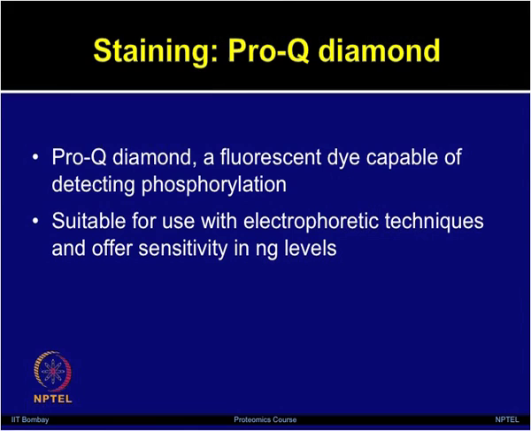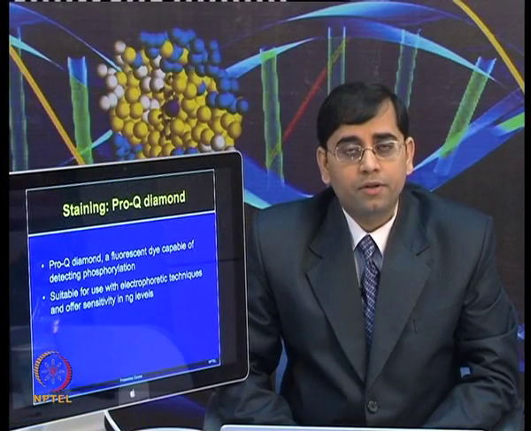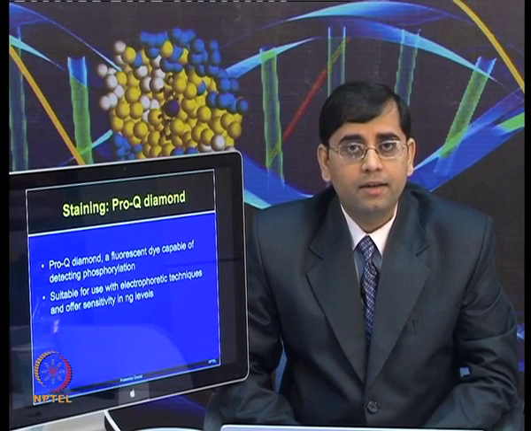So, if your proteins have some phosphorylation, addition of certain phosphate residues, this stain is quite sensitive to pick up those patterns of phosphorylation or post translational modification in your gel. This is very suitable for use in electrophoresis and it offers sensitivity at the nanogram level.